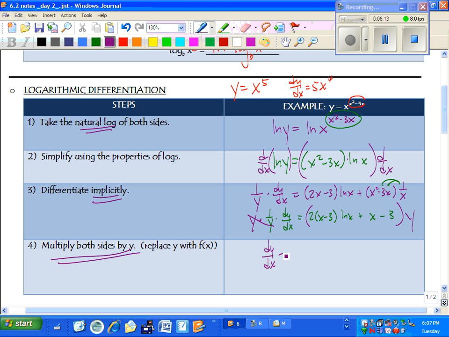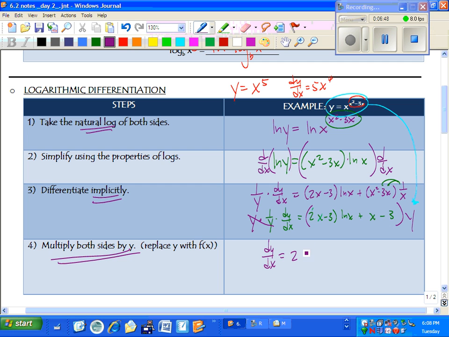If we can help it, we'd like to have our dy dx in terms of just x. So this y right here can be replaced with the actual function of y that's up here. So if we finish this off, there shouldn't be a parenthesis there.